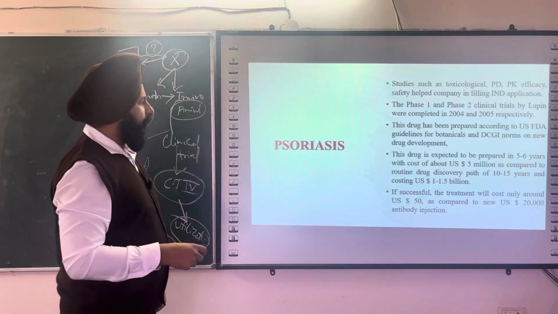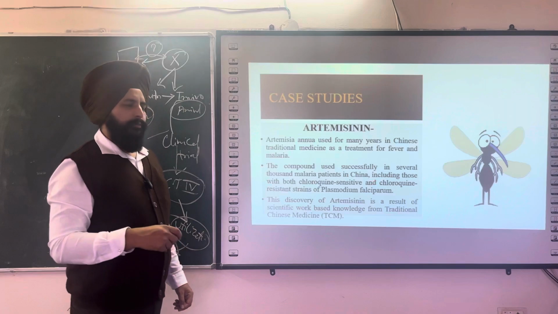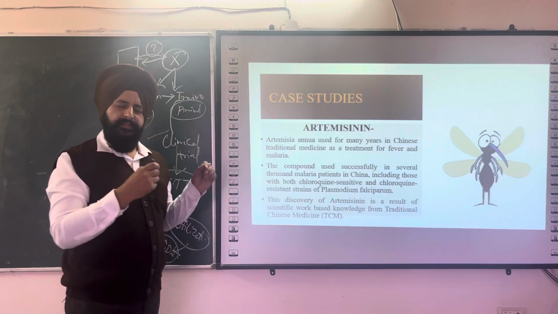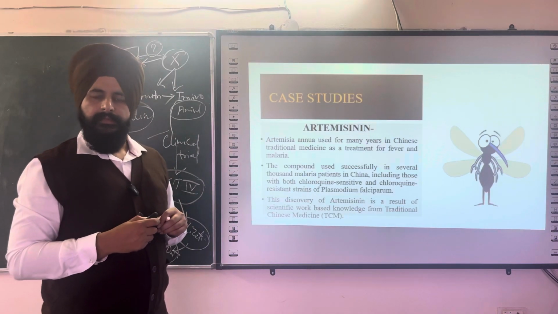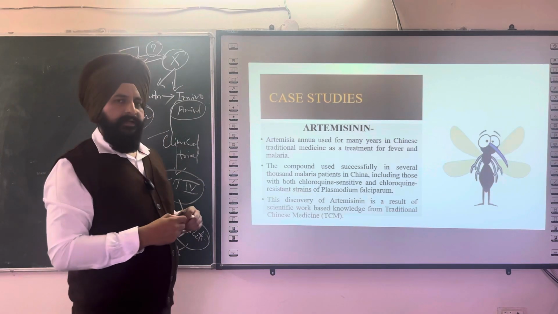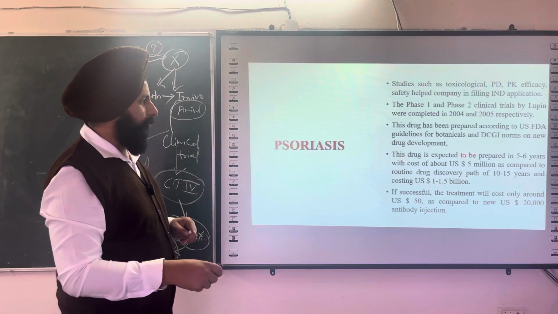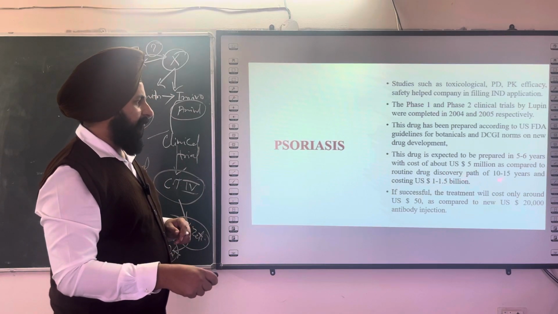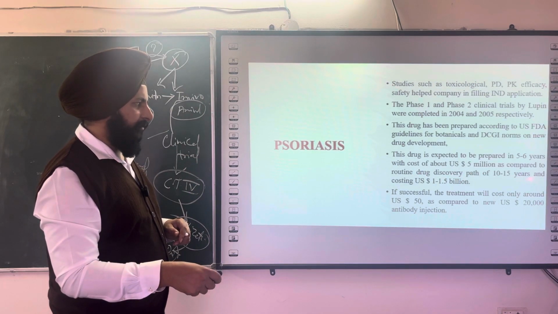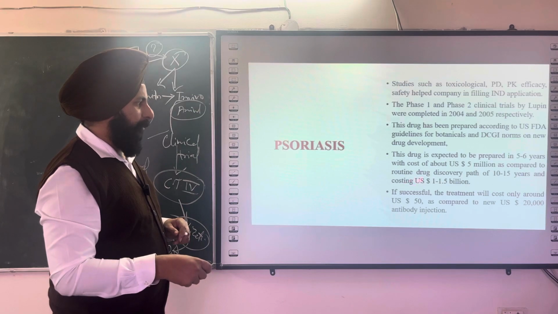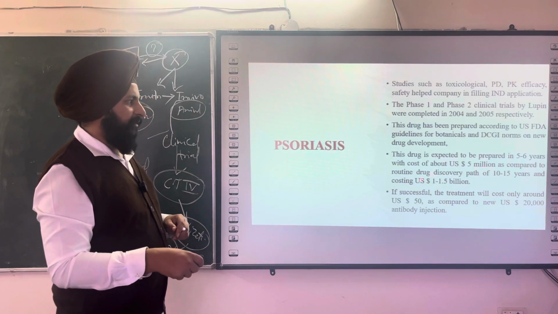And this is a well known example of artemisinin, that it was found to become toxic, and in reverse pharmacology a number of effects have been noted, and the safety profile was analyzed. This is for psoriasis. You know that I have discussed that a drug discovery process requires 10 to 15 years, and US dollars of 1 to 1.5 billion. So this is the basic process.